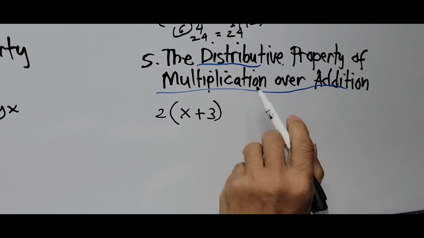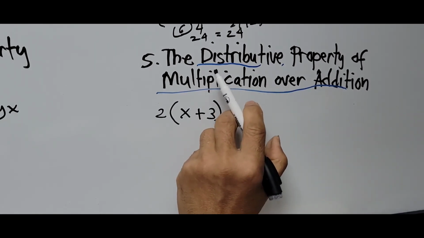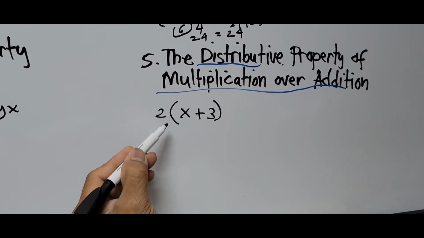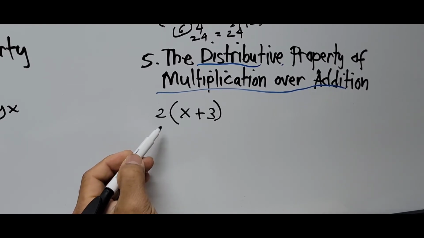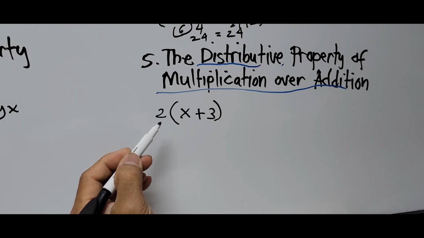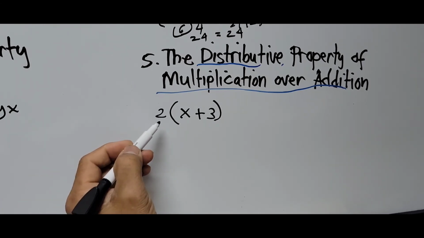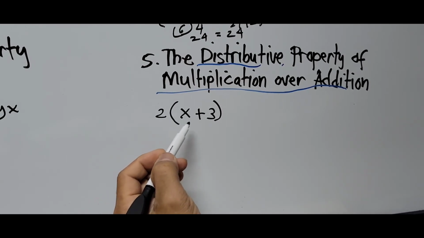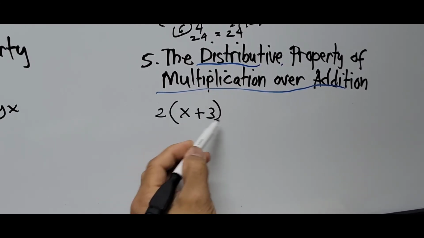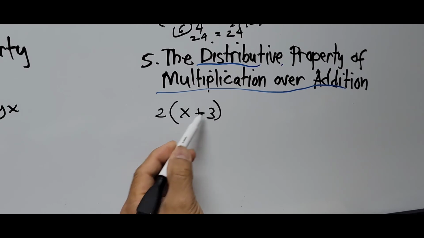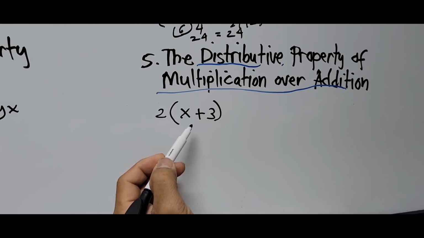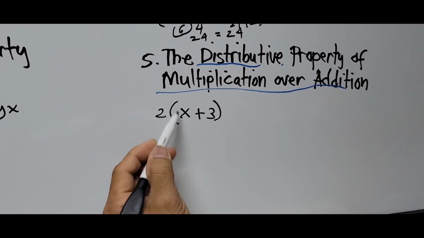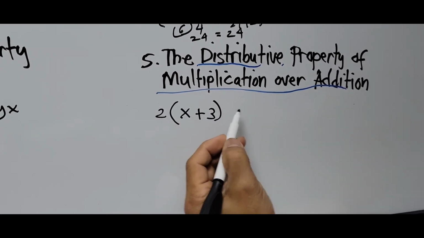It says here distributive, it means distribute. 2 is a monomial, it's one term. We say just simply 2 multiplied by a binomial. This is considered binomial, if you remember that, 2 terms. It's a 2-term algebraic expression. So 2 times the quantity x plus 3.